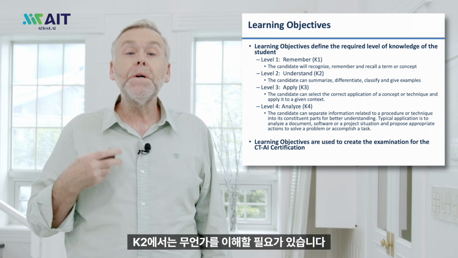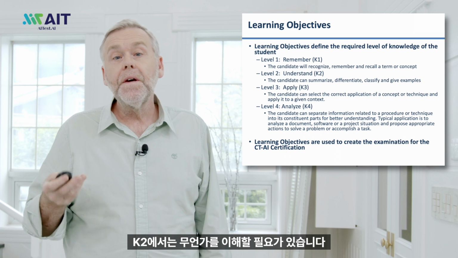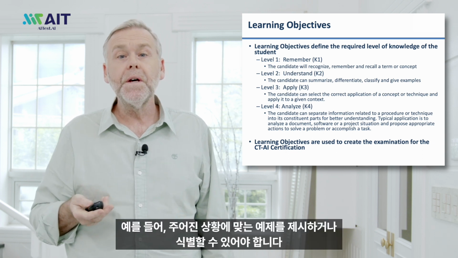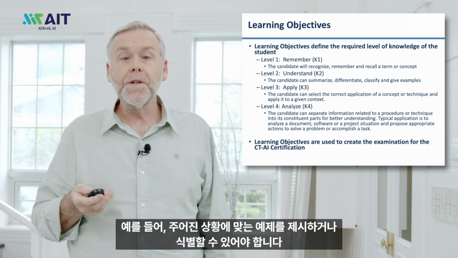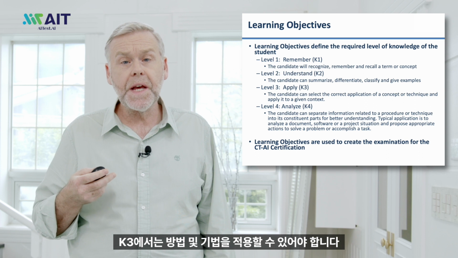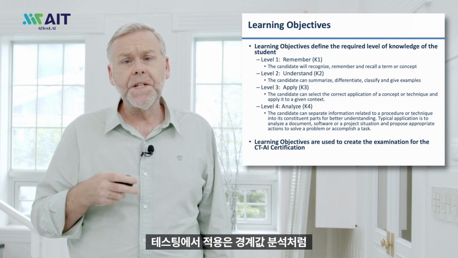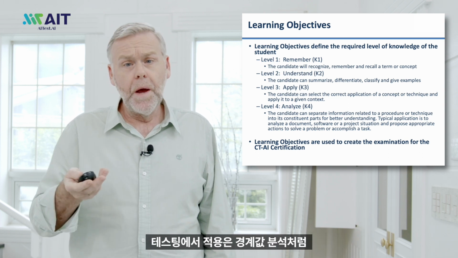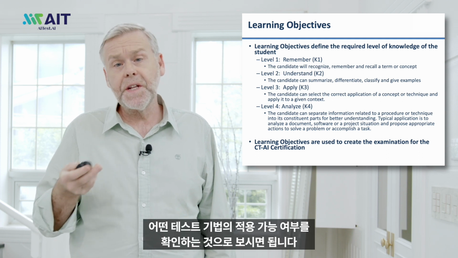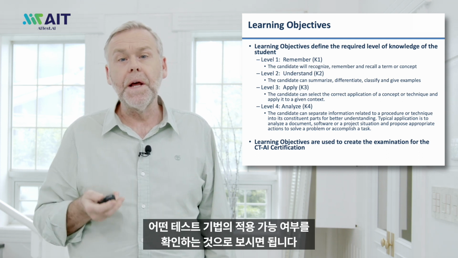At level 2, you must understand something. So maybe you have to give examples or recognise examples that match a given situation. At level 3, you have to be able to apply methods and techniques. So from a testing perspective, apply would be appropriate if we were checking whether or not you could apply a test technique, like boundary value analysis.